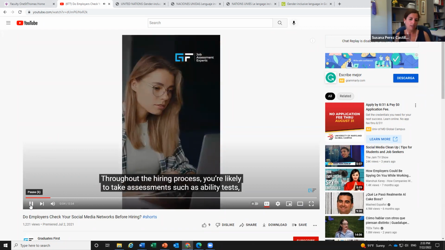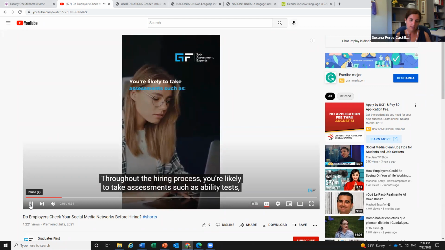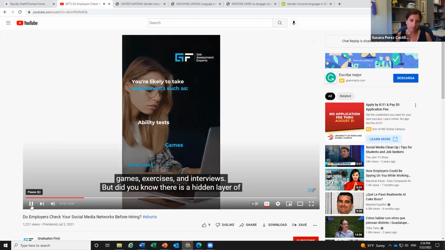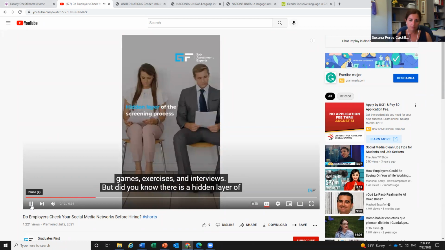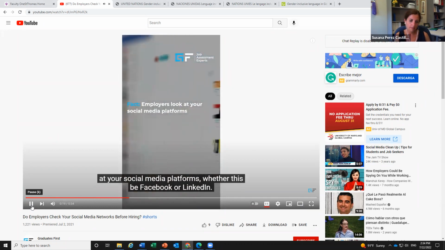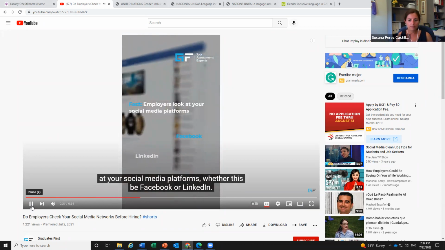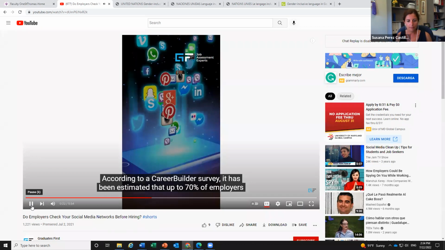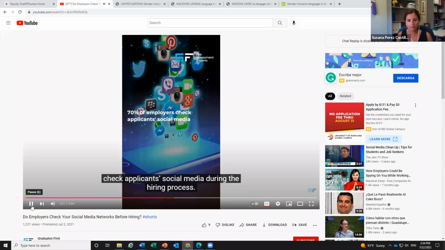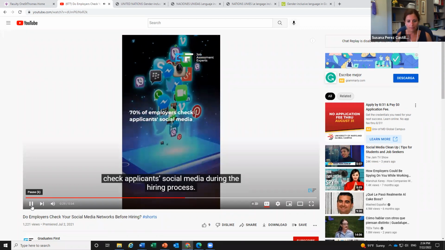Throughout the hiring process, you're likely to take assessments such as ability tests, games, exercises, and interviews. But did you know there is a hidden layer of the screening process that you need to be aware of? It is a fact that employers look at your social media platforms, whether this be Facebook or LinkedIn. According to a Career Builder survey, it has been estimated that up to 70% of employers check applicants' social media during the hiring process.